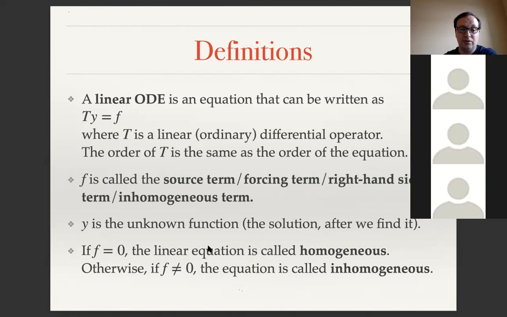If f is 0, the equation is called homogeneous, and otherwise the equation is called inhomogeneous. The order of the linear operator T is the same as the order of the equation by definition, and the order of T is the order of the highest order derivative present in the equation.